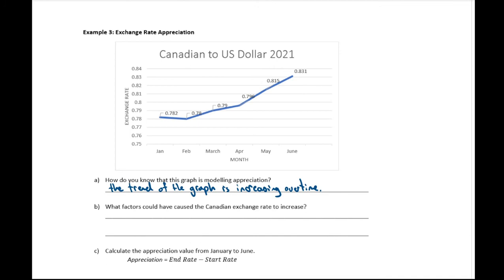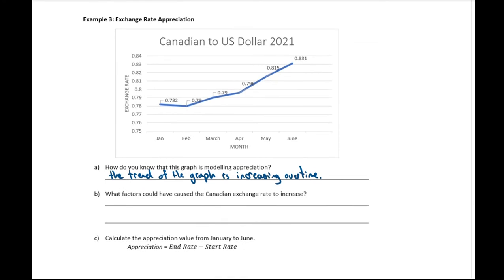What factors could have caused the Canadian exchange rate to increase? So what factors do you think could have caused the value of a Canadian dollar to increase over the span of January 2021 to June of 2021? So you have to keep in mind that this is kind of over the pandemic.